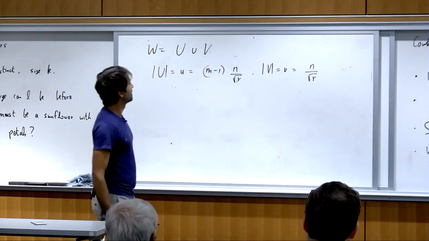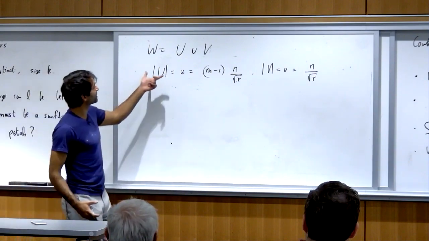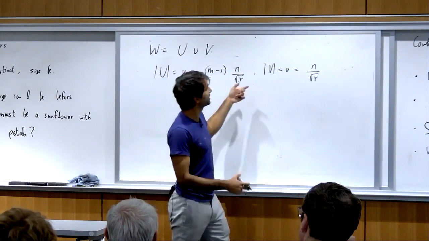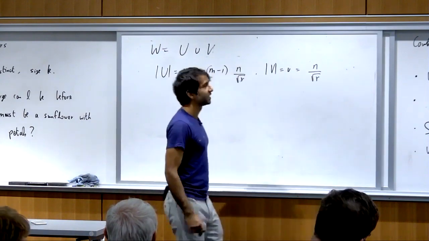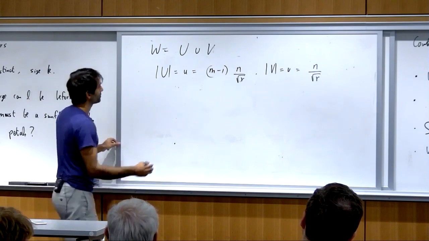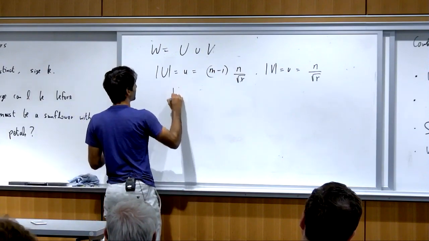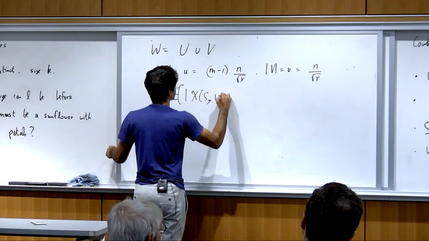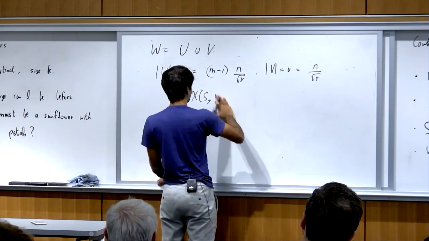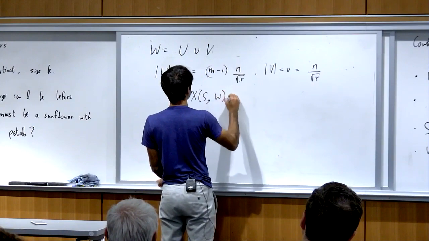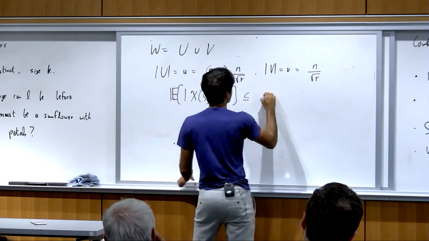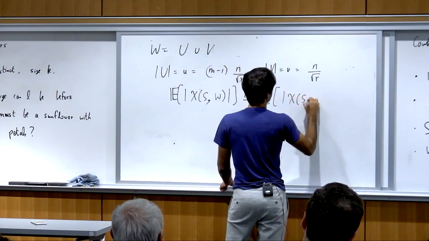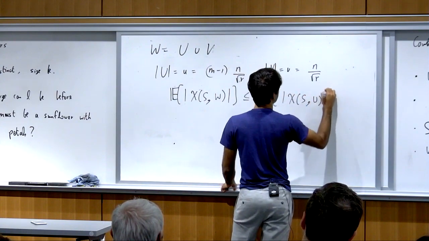The way I'm picking W is I first sample this set U, which covers m minus 1 steps of the induction, and then the last step of the induction. What I'm trying to prove here is just that the expected value of the size of chi SW is bounded by the expected value of the size of chi SU divided by 2.